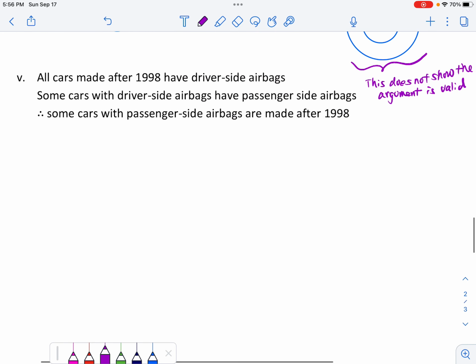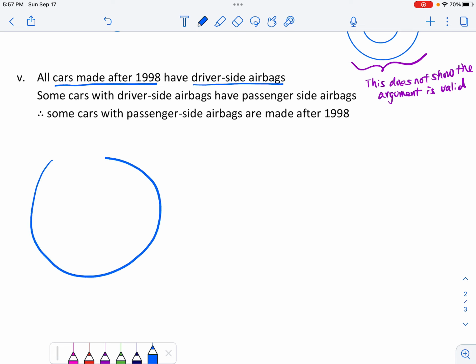Now let's do the very last one. This can be a little complicated here. So all cars made after 1998 have driver side airbags. So I hope that you can feel like there are two sets we are talking about. The first set is the cars made after 1998. The second set is the cars that have driver side airbags. So here we have all P's are Q's structure.